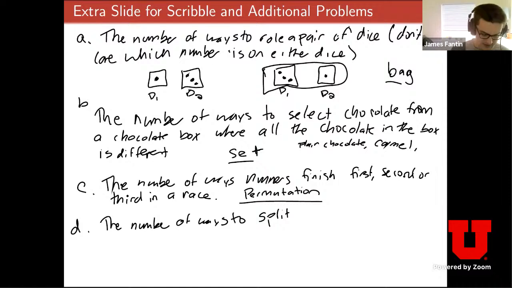Okay, so let's look at this next one, the number of ways to split a class into 4 groups. How many ways are there, or how do we count this?